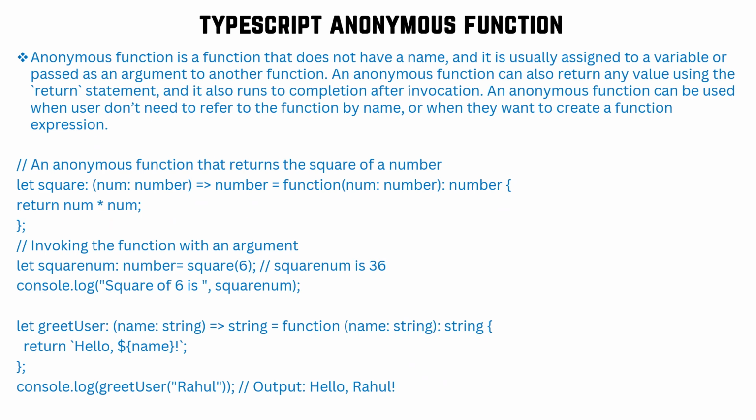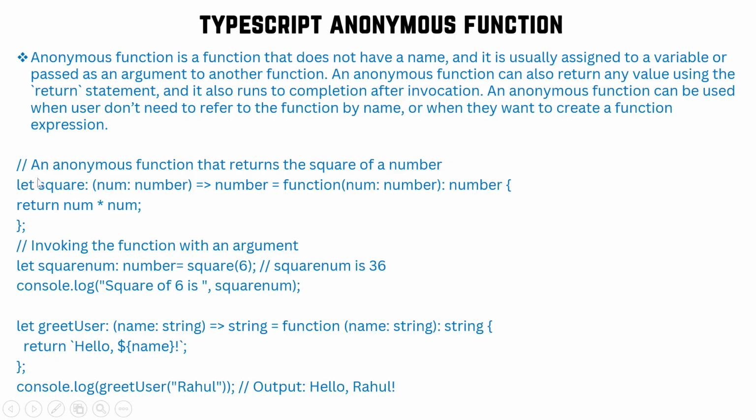Anonymous functions can also return a value using the return statement, and they run to completion after invocation. They can be used when the user does not need to refer to a function by name, or when they simply want to create a function expression.